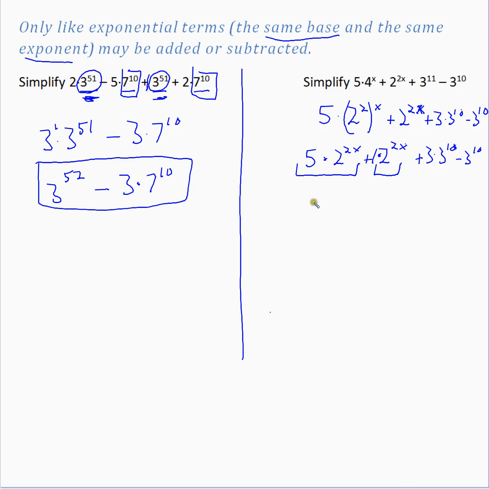So we have a total of 6 times 2 to the 2x. And then over here, we have 3 to the 10th minus 1 3 to the 10th, which is 2 3 to the 10th.